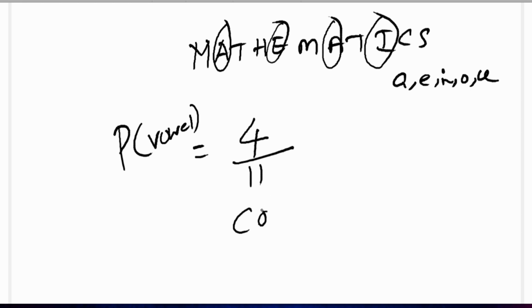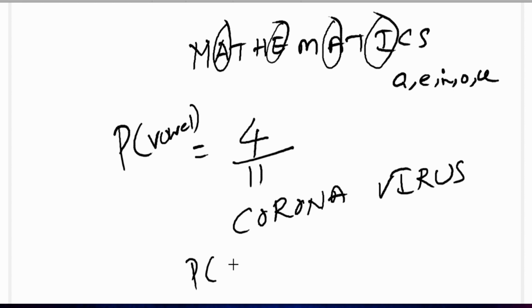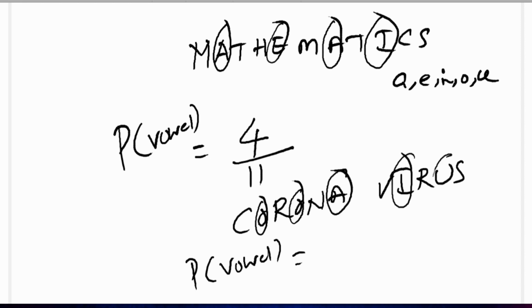If you take the word coronavirus, when you select one letter from coronavirus, what is the probability of getting a vowel? Here O1, O2, A3, I4, U5. Favorable outcomes is 5.